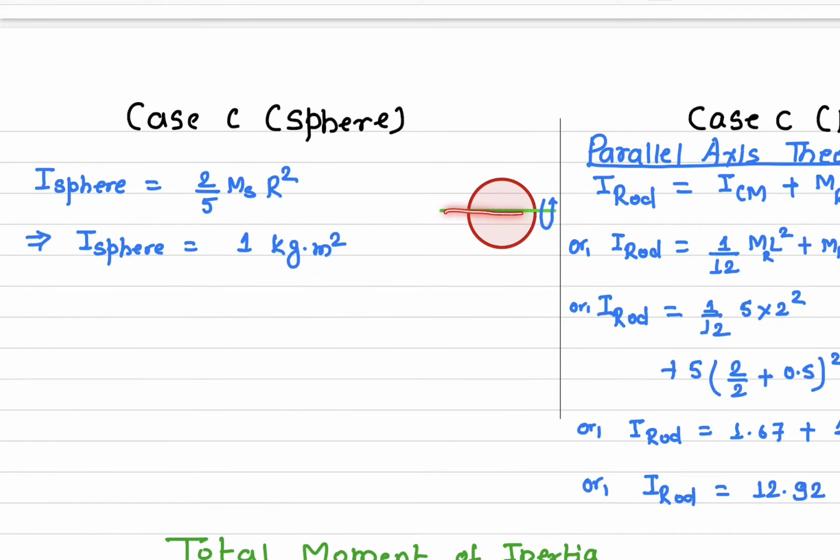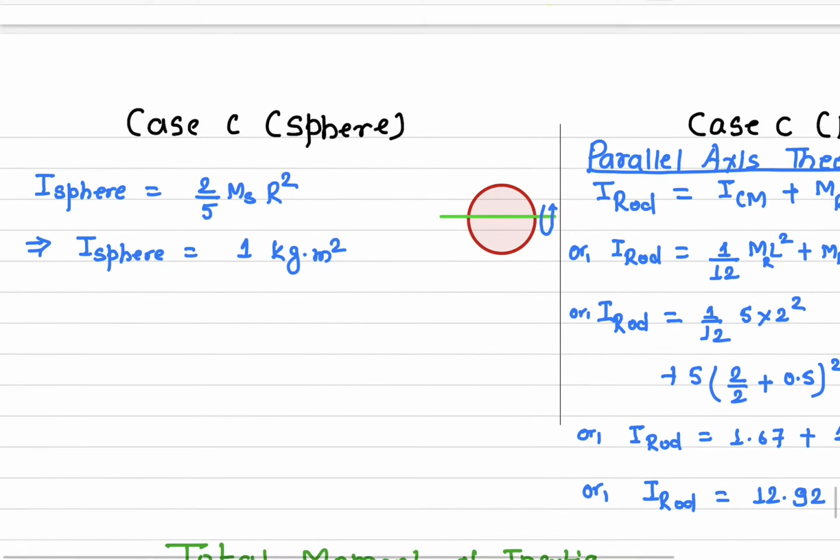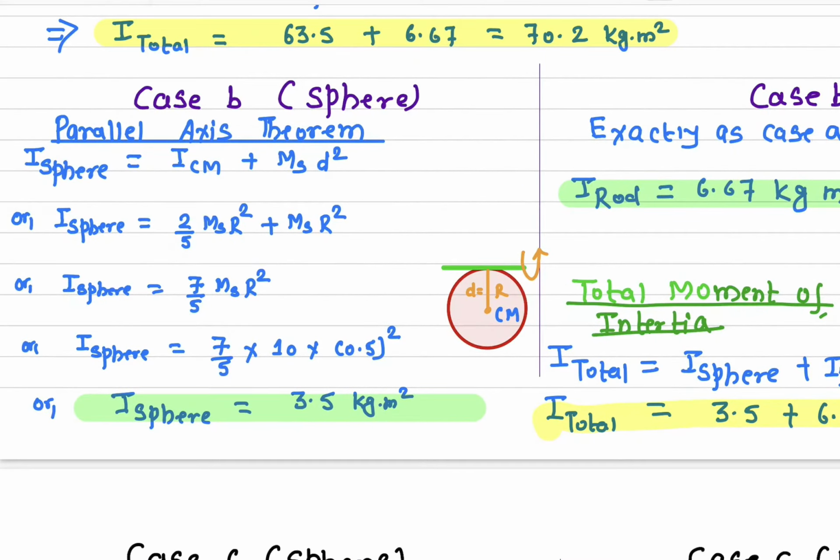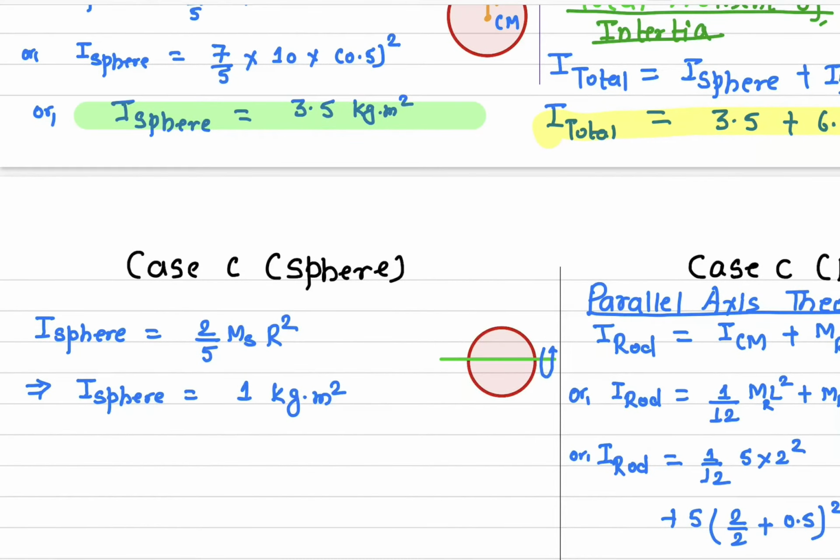In this case, the axis of rotation is passing through the center of mass, so it will have only one term here, because in this case d is 0. Even if you use the parallel axis theorem, d will be 0, because the distance between the center of mass and the axis of rotation is 0.